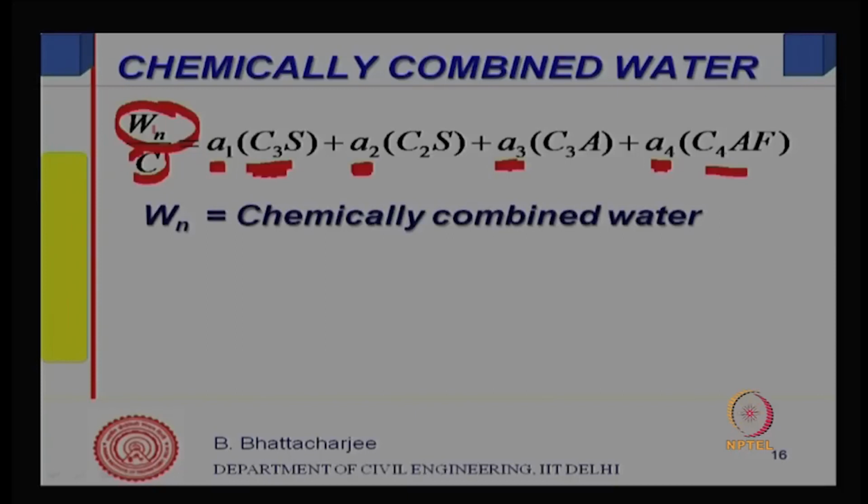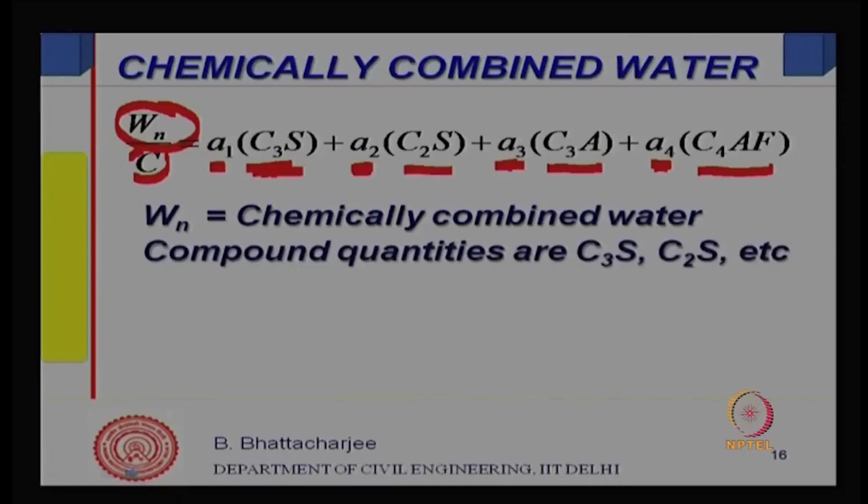So, the quantity of water that will combine per unit mass is Wn by C, and if I know the proportion of C3S, proportion of C2S, proportion of C3A and proportion of C4AF, then I can find out chemically combined water for C quantity of cement.